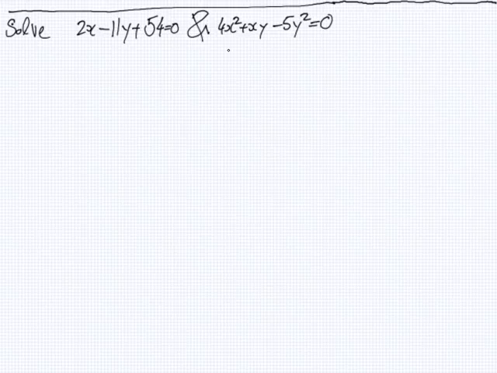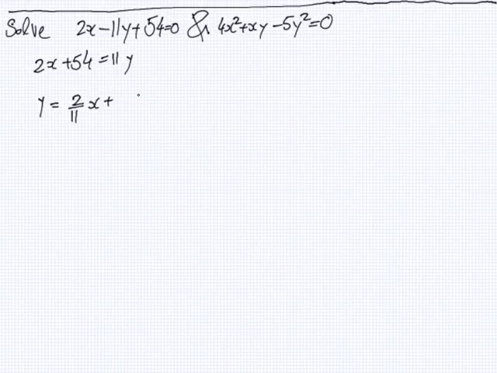It's a little bit harder, but it's still the same idea. What you do first is you say 2x plus 54 equals 11y. y equals 2 over 11 x plus 54 over 11. Is that okay? I just divide by 11 here. So then we can put that in here.